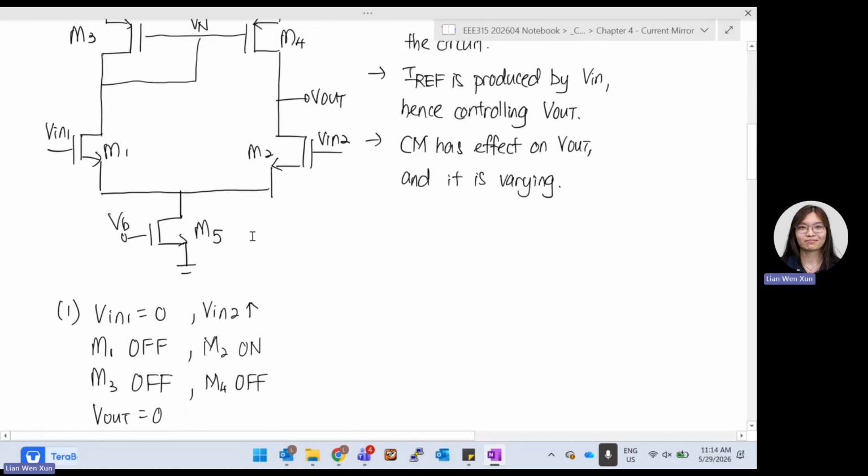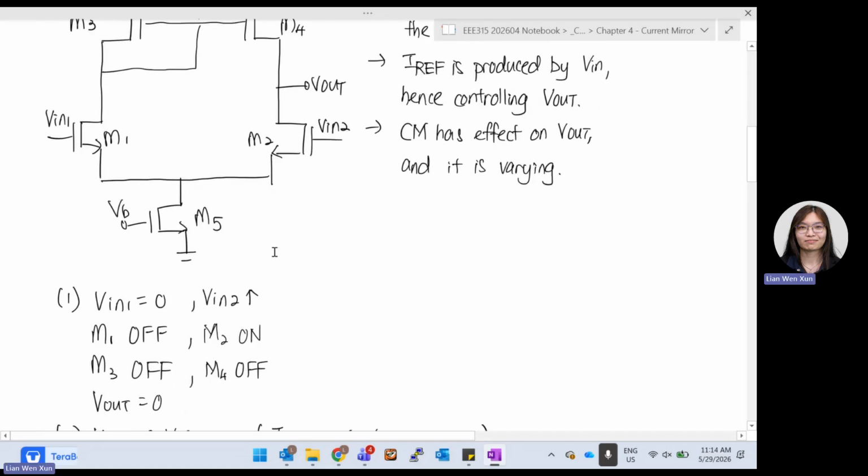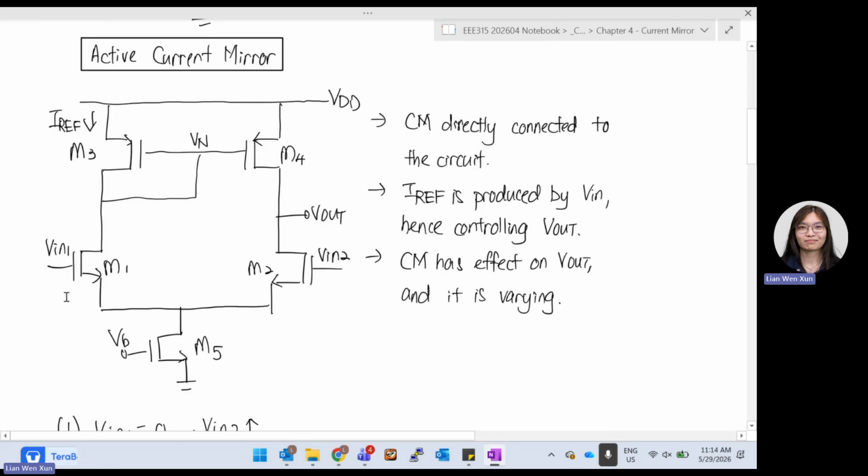At this time, if M1 is turned off, will there be any current for IREF? There won't be any current for IREF because my M1 is turned off, so no current is generated from here. Then there's nothing from your M3. If there's no M3 current, they're in series, so there's no IREF. So your M3 is basically off.